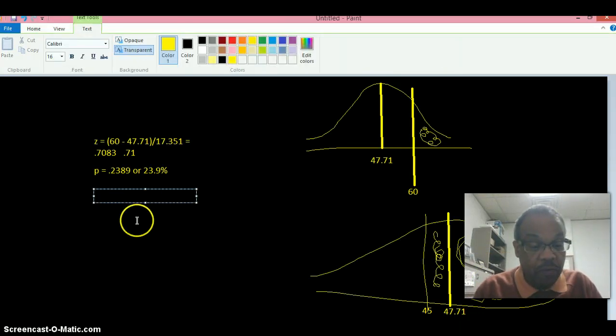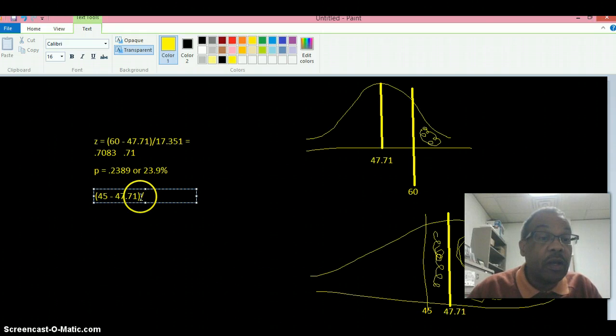Again, our z-score would be 45 minus 47.71, all divided by 17.351, and that would give us a z-score of, again we are looking at the absolute values, 0.16.